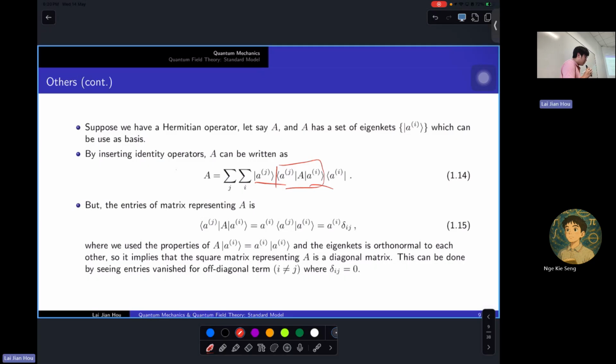Because we are assuming that the basis we are using is eigenkets, when we apply the operator A on a ket, it gives us the eigenvalue, which is a number we can pull out. And these two will be the inner product between two kets, which are orthonormal to each other.